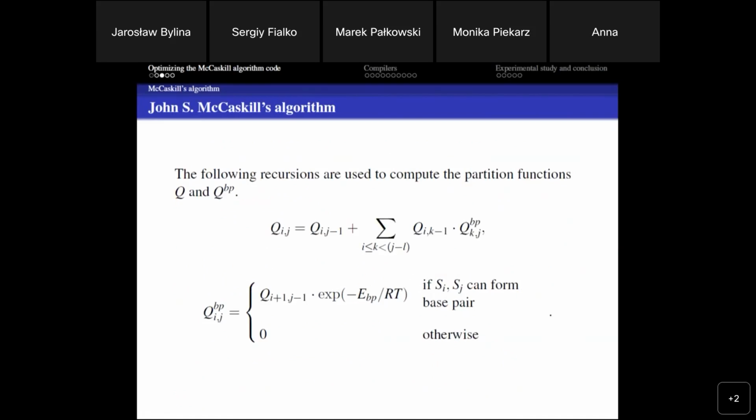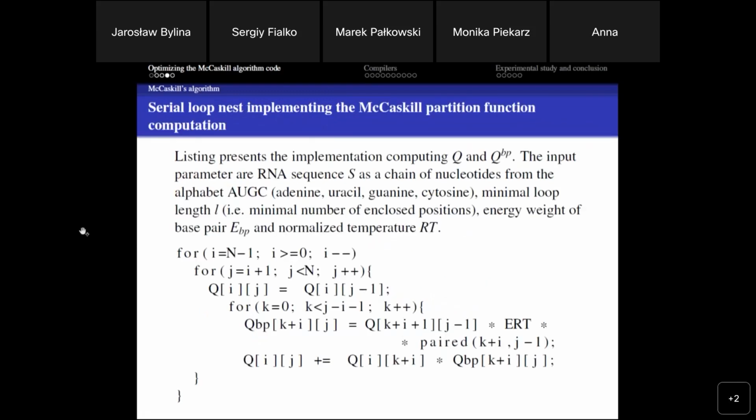Okay, and this is the mathematical presentation of the John McCaskill algorithm, and it can be presented as a recursion. Of course, in parallel computation, we must use the iterative version of the algorithm, which was presented in many papers, and I will show you this loop, which of course can be parallelized and can also be tiled. Loop dependencies allow us to do that, and also for related compilers.